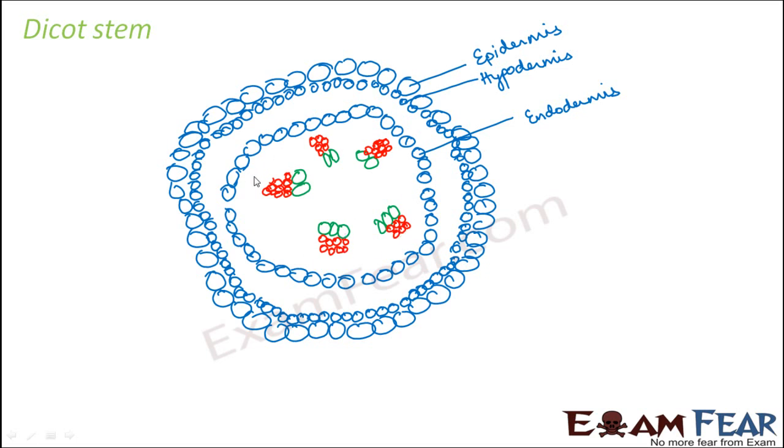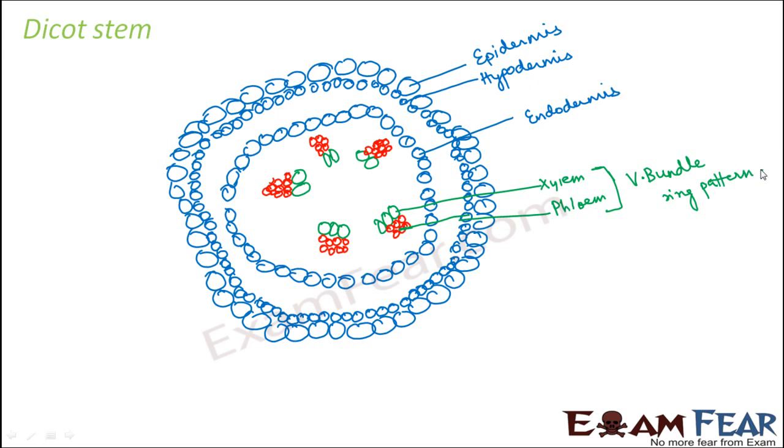If you look at it very closely, you see that the vascular bundle is arranged in a ring pattern, right? So this is your xylem and this is phloem, and they together constitute the vascular bundle, which is in a ring pattern.